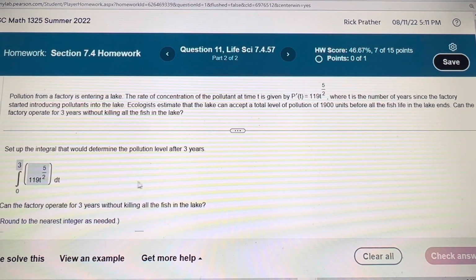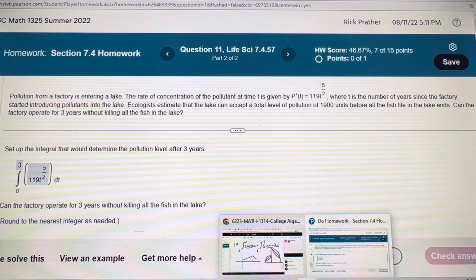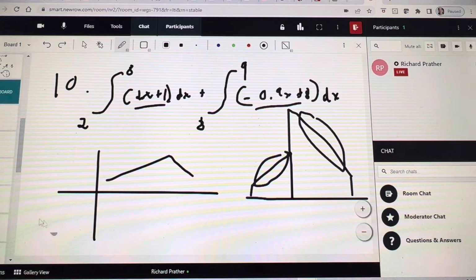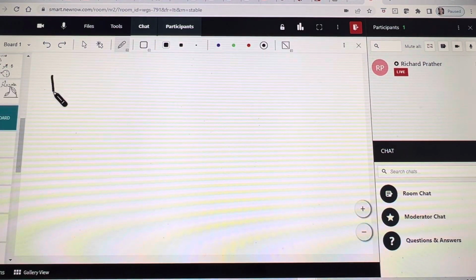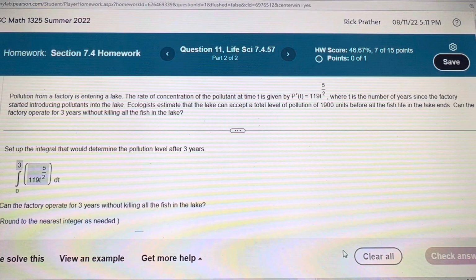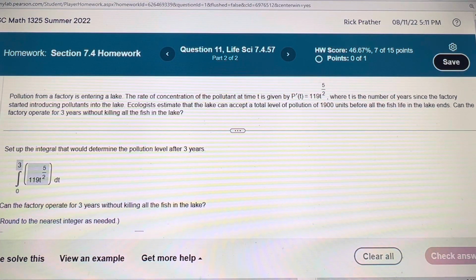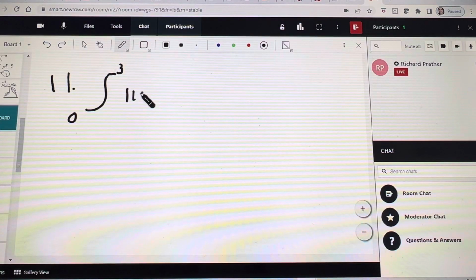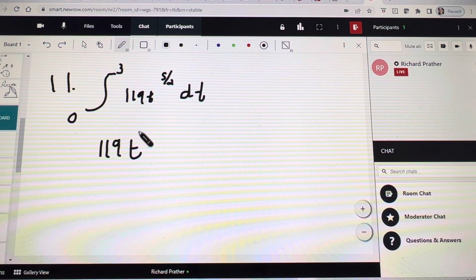Now do the definite integral of that. And this is not about area, so I'm just going to do it all together. From 0 to 3, 119 t to the 5 halves. So you got your constant, and then the base, increase the exponent by 1 to 7 halves.